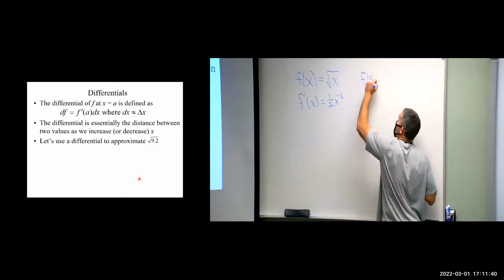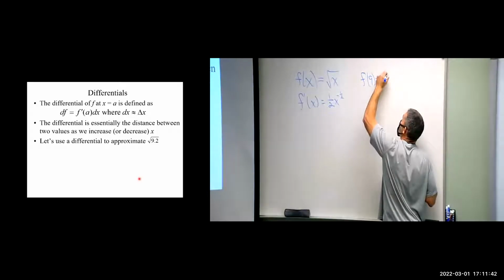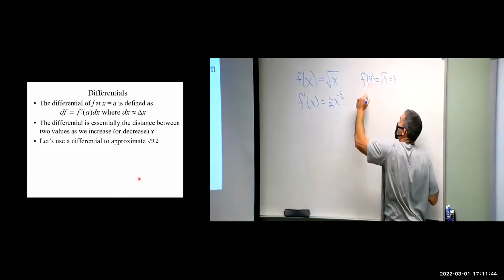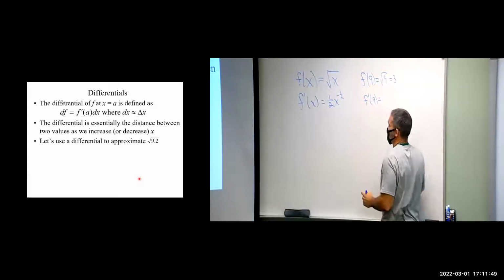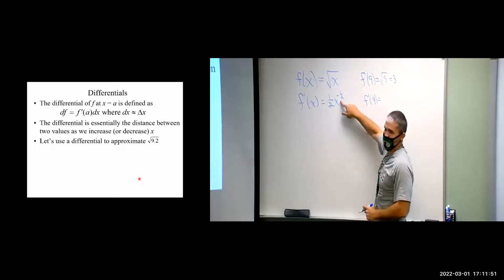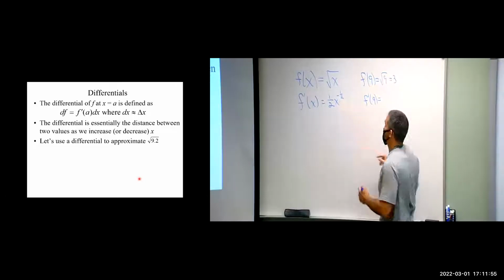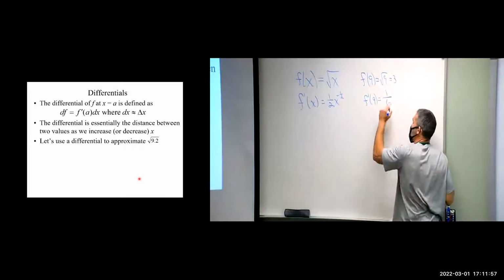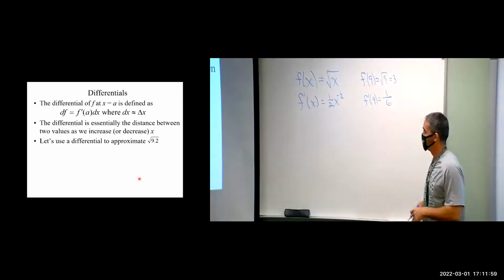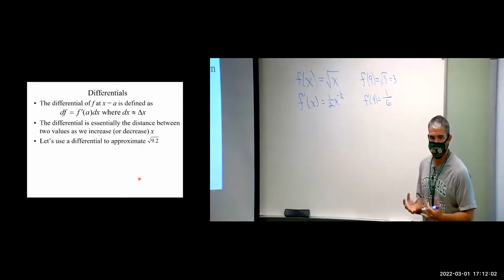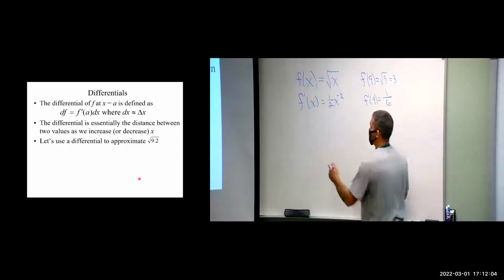So f of 9 is the square root of 9, which is 3. And f prime of 9 is 9 to the negative 1/2. That's 1 over the square root of 9, which is 1/3 times 1/2, so 1/6.